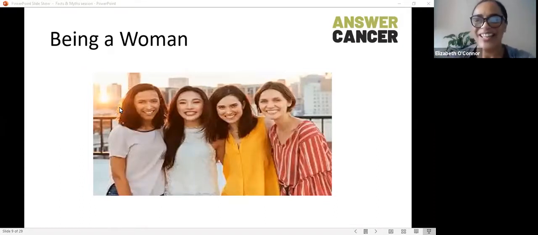Yeah, absolutely. It's true. It's true for certain cancers, just by the way we're built. Women can get breast cancer, we can get cervical cancer, and we can get ovarian cancer. And we know that breast cancer is the most common cancer in the UK. But breast cancer also has great treatment outcomes if it's caught early.